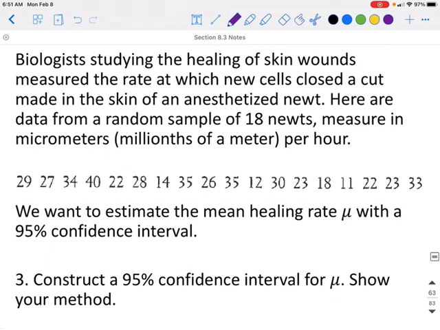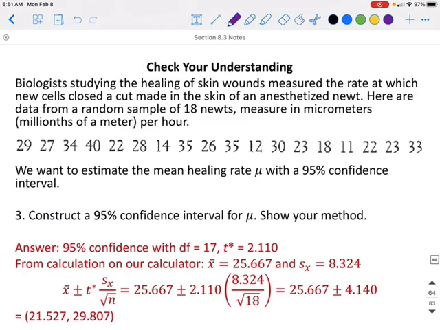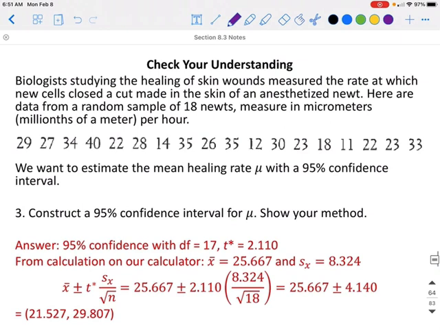Now we need to construct a 95% confidence interval for mu and show your method. So we said we're going to do that one sample t interval. So we're going to start by finding our t star value. Our degrees of freedom in this case, since there are 18 newts, you would do 18 minus 1, and you would get a degrees of freedom of 17.